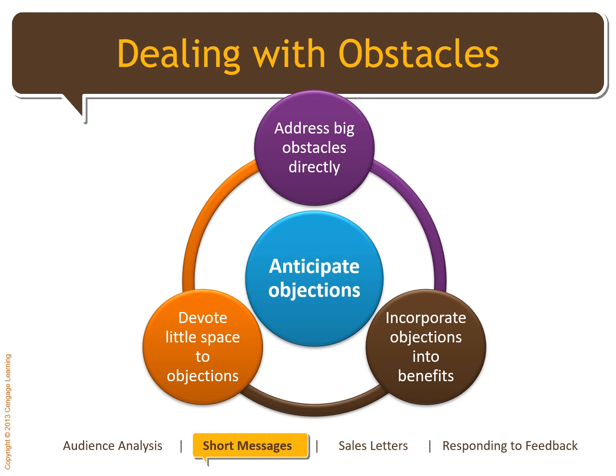So basically what you're trying to do here is anticipate and expect some of the reasons why your readers would object to your message, to your proposal, to your request, and then devote some space in your message to address that concern, and at the same time combine it with the benefits.